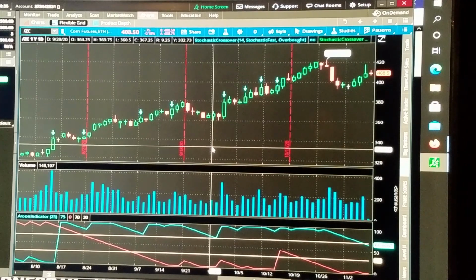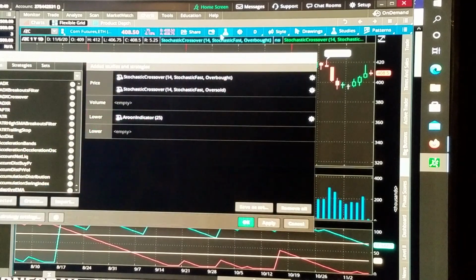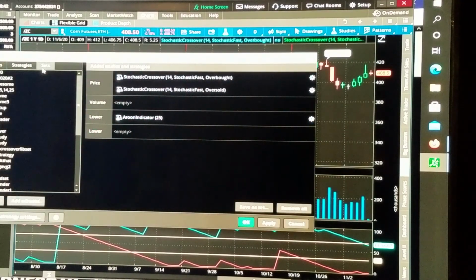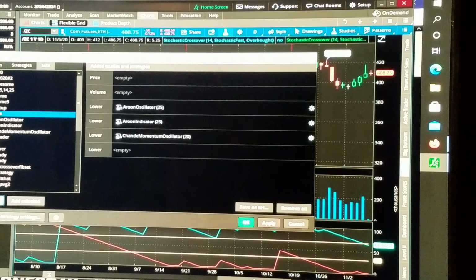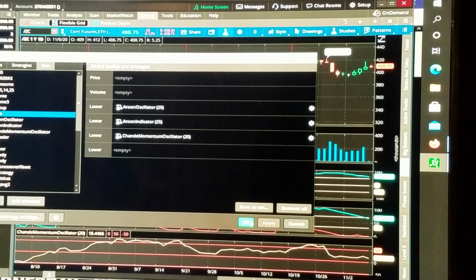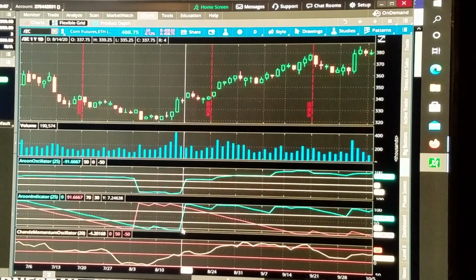So I'm going to say that the Aroon indicator, and your correlation and your Schaff indicator, and your Chande Aroon oscillator, Aroon indicator, and Chande momentum oscillator, those are going to be big in helping you become a better, more understanding trader.